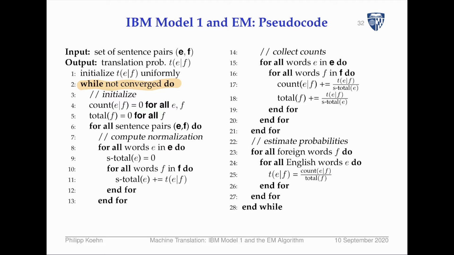So we start with a uniform model and then we do the EM algorithm until convergence, and there are two steps. First of all, we initialize count values, and as I said, I'm not going to go over the algorithm. You can work your way through that in the slides.